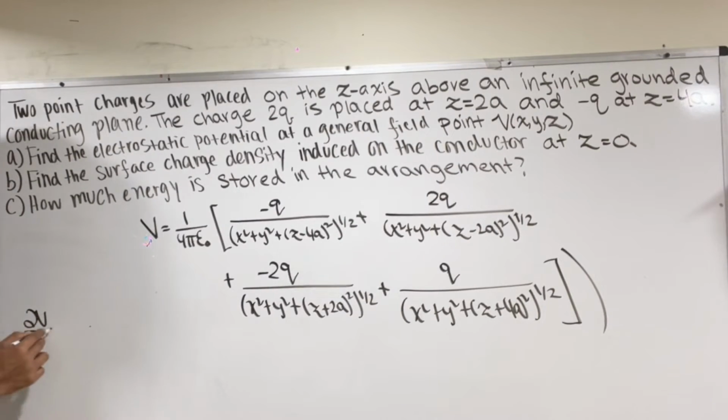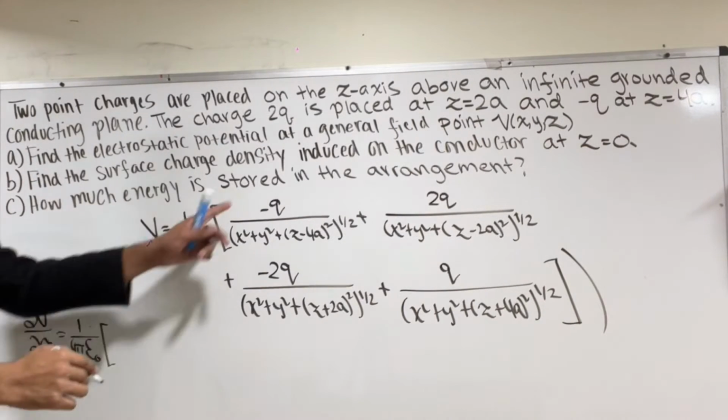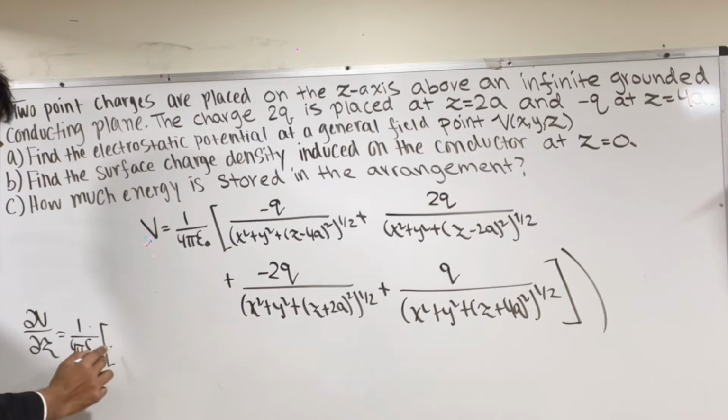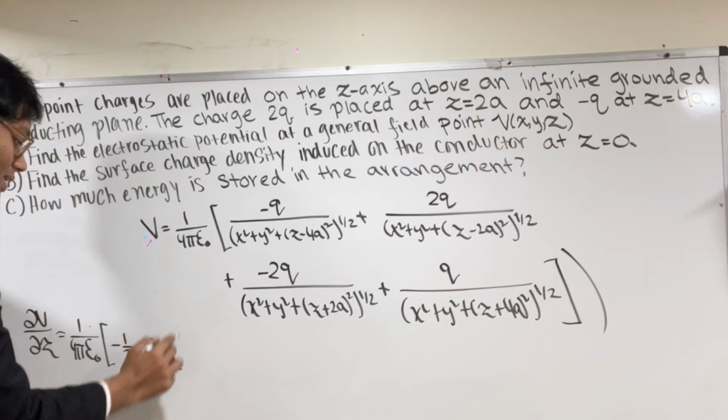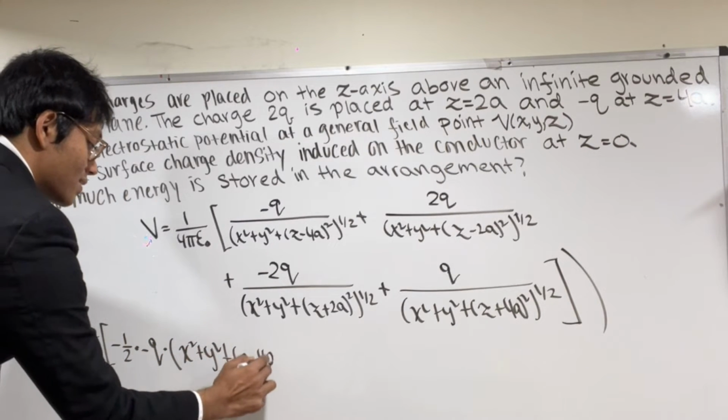So let's do that. Partial v partial z. Hopefully you can see down here. I'm writing here because all the space is taken up by this behemoth. It is 1 over 4 pi epsilon naught. Minus q is going to stay minus q, but as I said, minus 1/2 is going to pop out. We're going to have all that stuff inside, x squared plus y squared plus z minus 4a, squared.